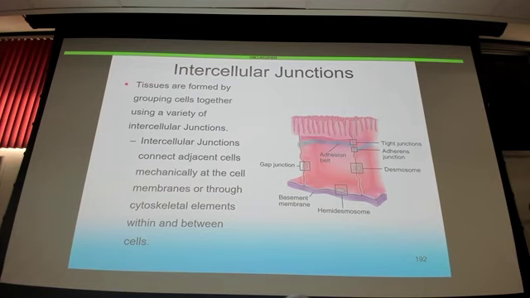So intercellular junctions, if we just look at one slide, and then we'll define them, it's all these little junctions that are creating connections. Like in cardiology, I know you're probably already talking about gap junctions, and how they allow ion flow to go fast from one cell to another because they don't jump outside of it. If you don't know what jump outside of it means, don't worry about it. We'll look at it in nervous.